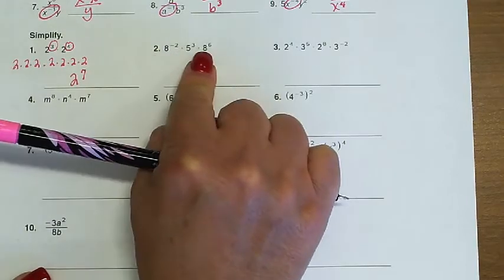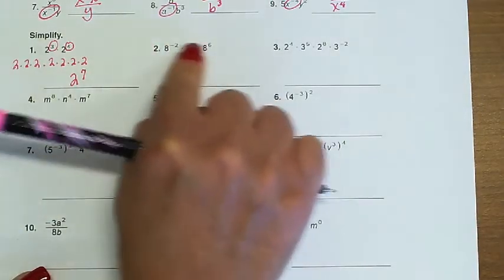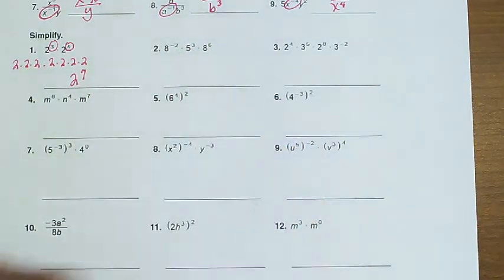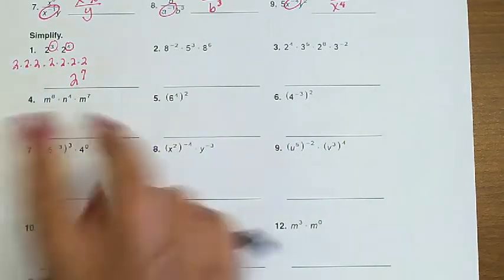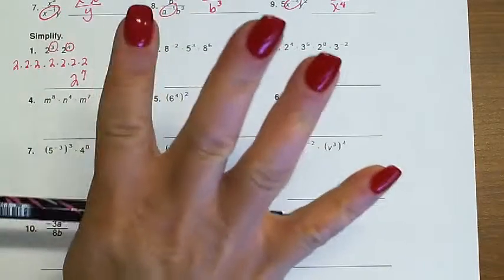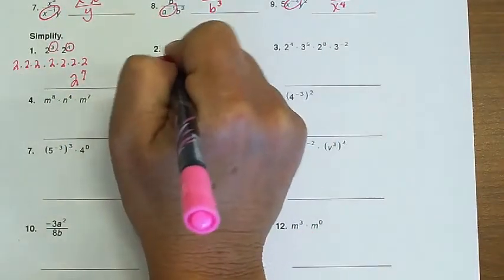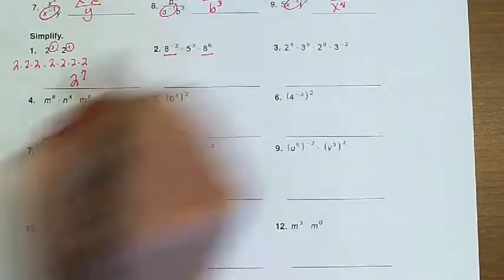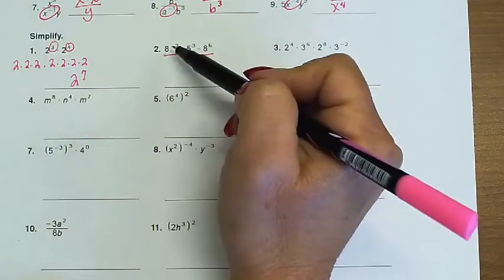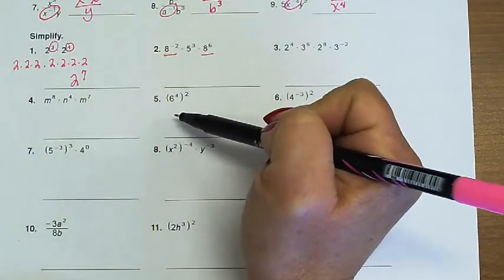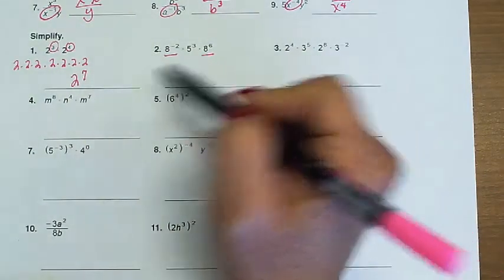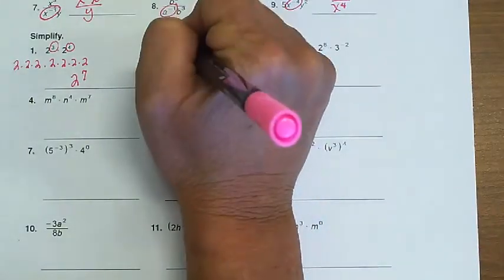Now, let's look at number 2. We're going to talk more about this type when we get into dividing our exponents, but for now, let's think about our general rule. So this is 8 to the negative second and 8 to the 6th. I know if it was a negative, I would move it into the denominator. But since I am simplifying here and I'm multiplying, I'm just going to think about that rule.